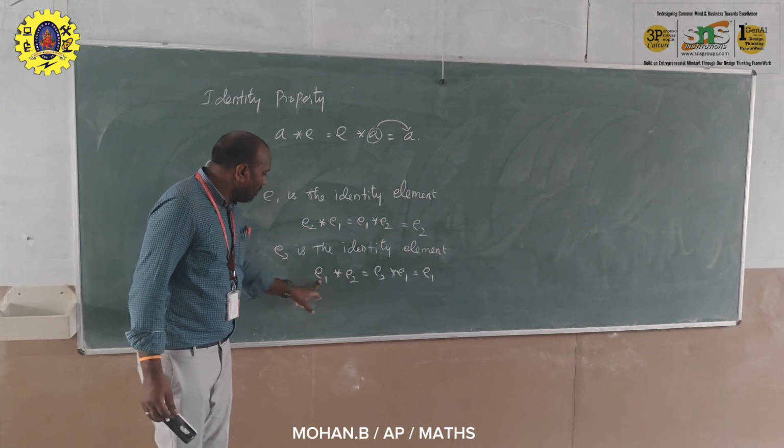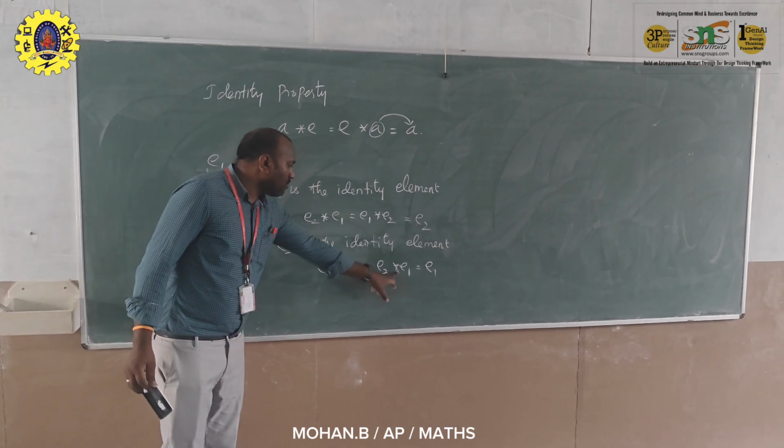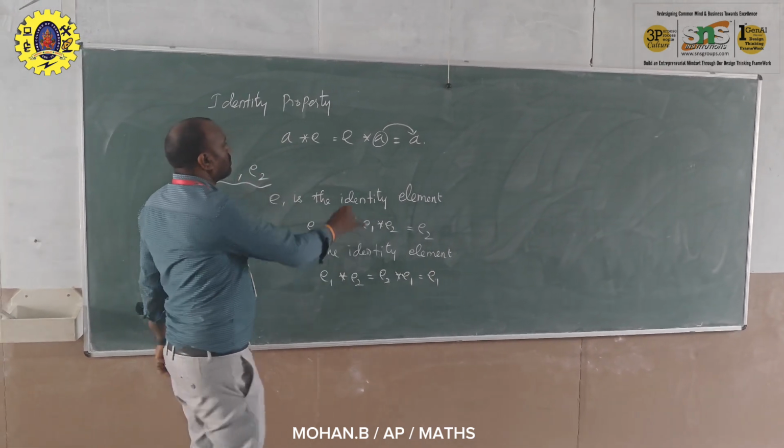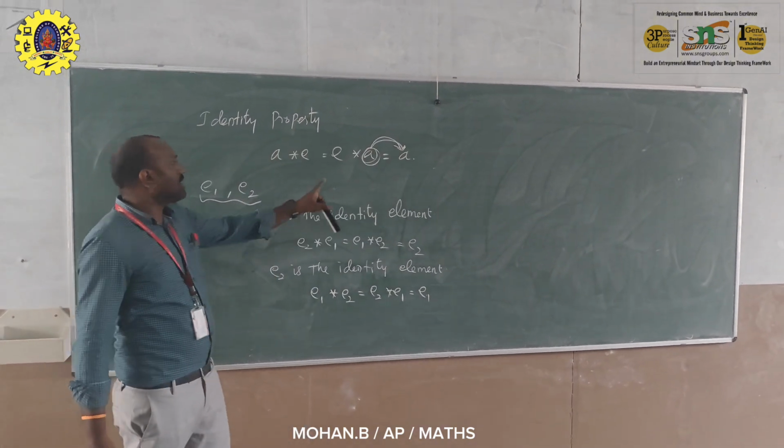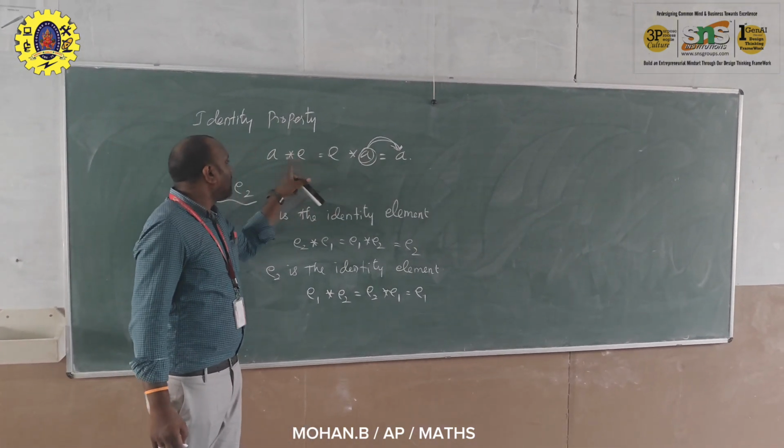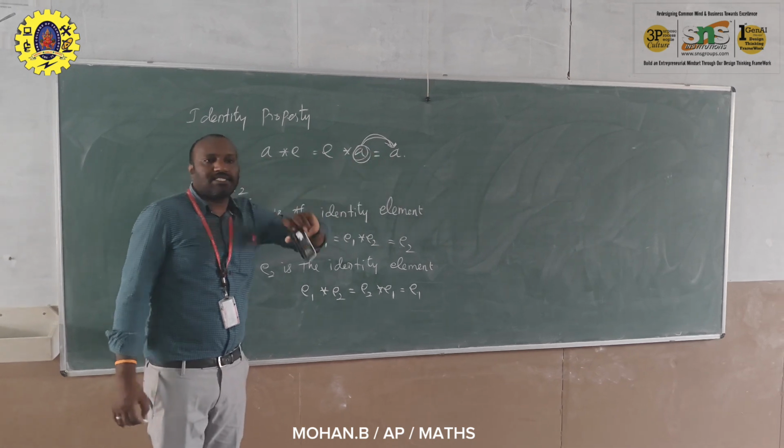So E2 star E1 is equal to E1, because the product of any element with the identity gives only that element as the answer.